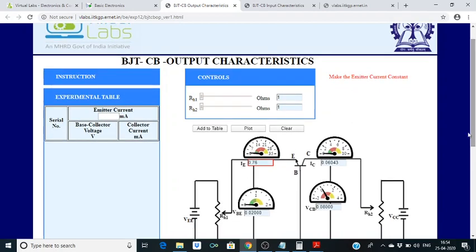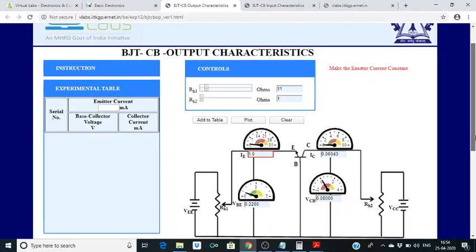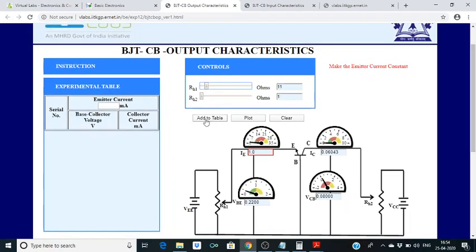To maintain a constant IE, we will move this and set it to 1 milliampere. Now we will change this RH2.